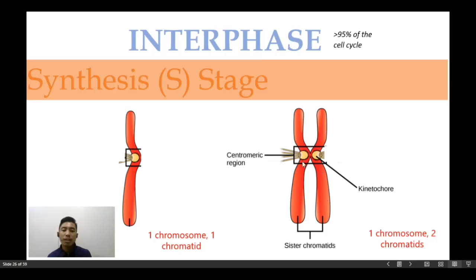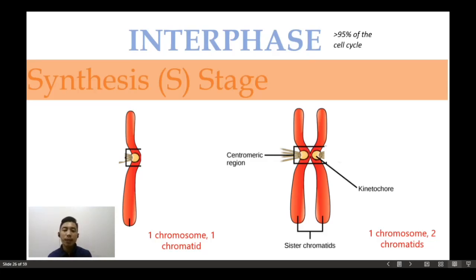Once the DNA on this chromatid replicates, it will have a partner, and after that they will be called sister chromatids. But again, this is one chromosome, and on the other hand, this is another one chromosome.